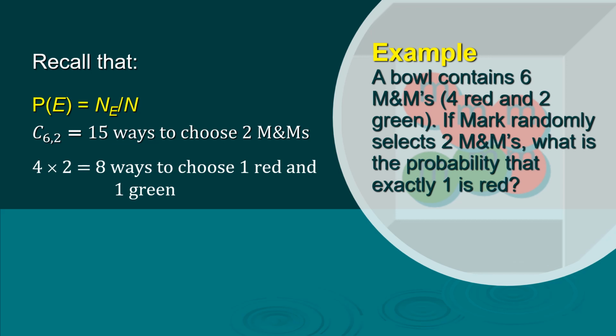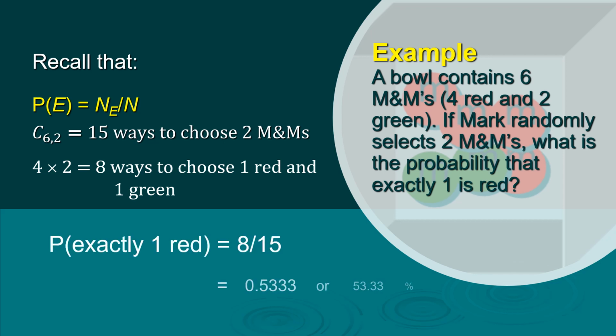The probability, therefore, is 8 divided by 15, and the result is 0.5333 or 53.33%.